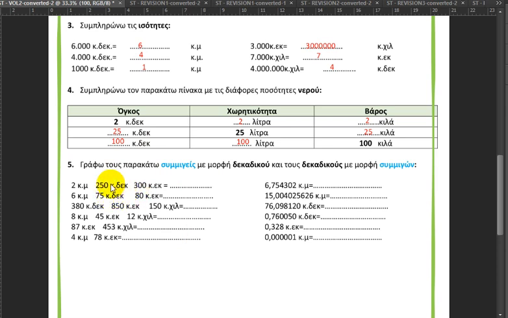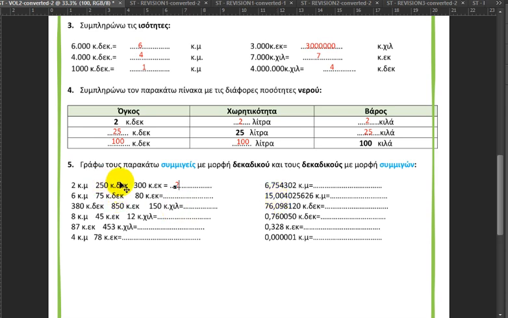In the next exercise, we want to write these in this form, and then these in this form, basically. So it's vice versa. So here we have 2 cubic meters, 250 cubic decimeters, 300 cubic centimeters. So let's write all of this in cubic meters. We turn all of this into cubic meters. So we have already 2.